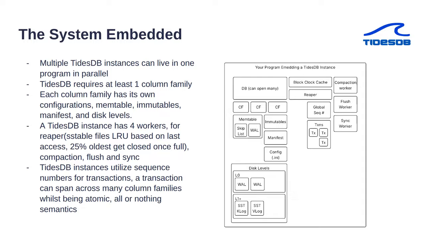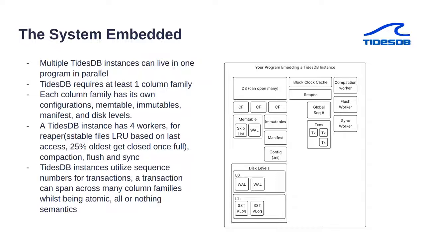When it reaches that max of 512, it'll evict the 25% oldest or least recently used SS tables. The Reaper also takes care of caching the syscall for time because TidesDB supports time to live, and time is used internally throughout the system, and that call is expensive and it does take a little bit of time, right?